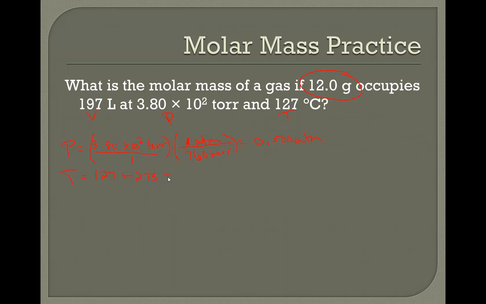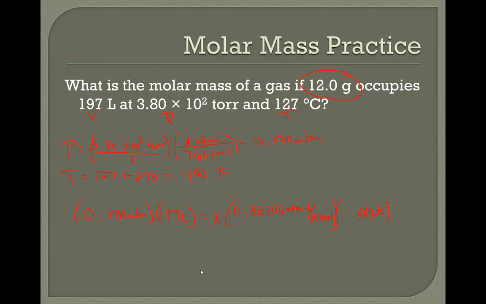So 0.500 atm, volume is 197, equals n, because that's what we're looking for, because then we can use it in the molar mass. Times 0.08206 atm liters per kelvins moles, and 400 Kelvin. The kelvins can cancel, and when we multiply and divide, we get 3.00 moles.